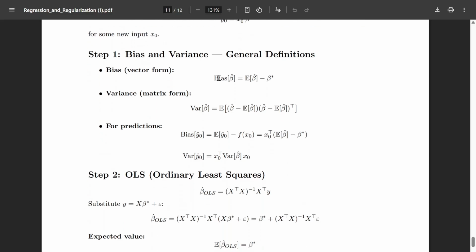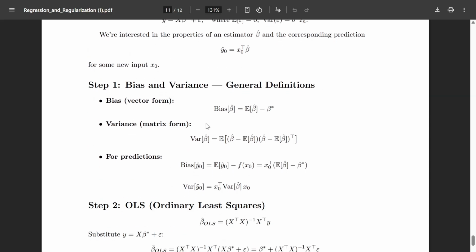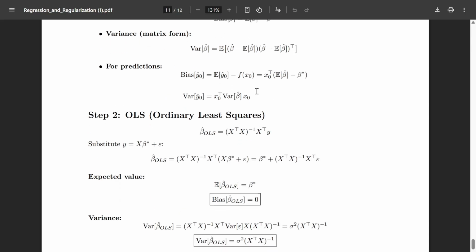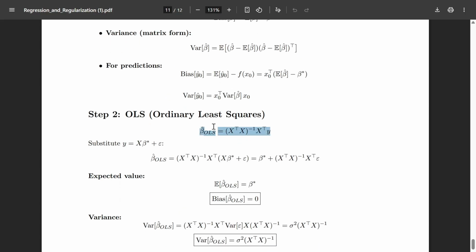So again, bias is defined as the expectation of beta hat minus beta star. You already know beta star, and the expectation of beta hat will eventually give you beta star in the case of OLS, right? This is the closed form solution of beta hat OLS, and then you substitute y is equal to x beta star plus epsilon, and from here you get beta star plus (x transpose x) inverse x transpose epsilon.